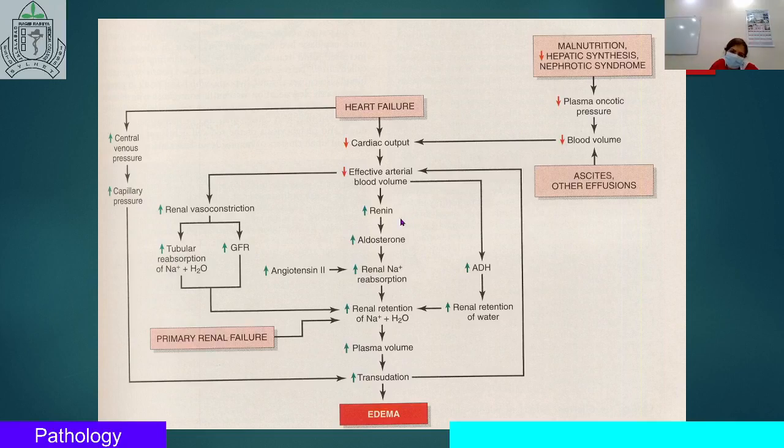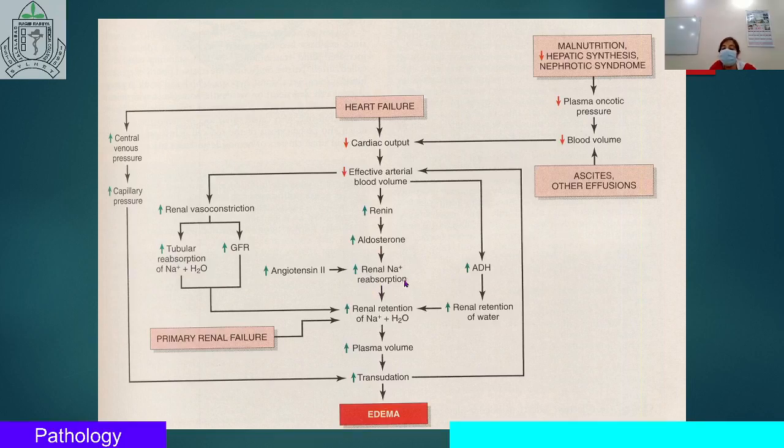If there is increased renin secretion, there is increased aldosterone. This aldosterone, by the activation of angiotensin 2, causes renal retention of sodium.